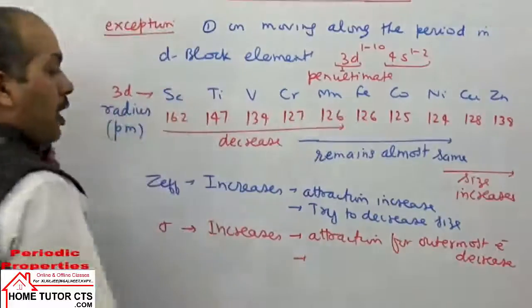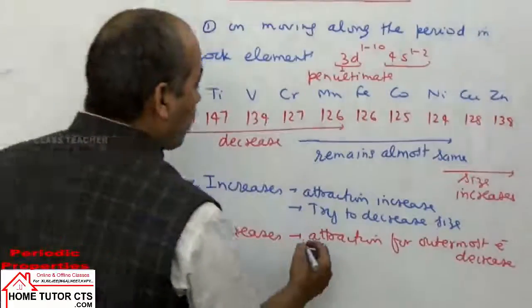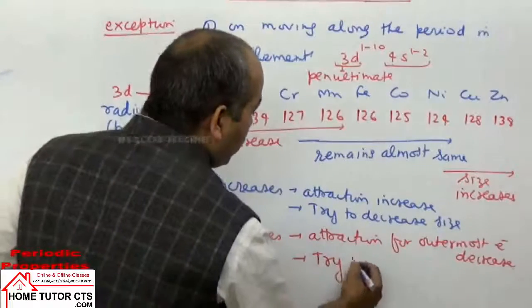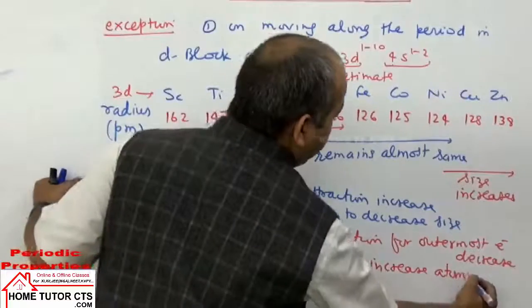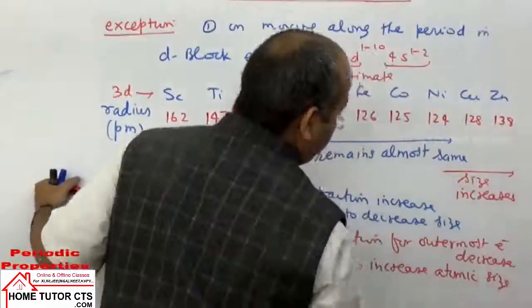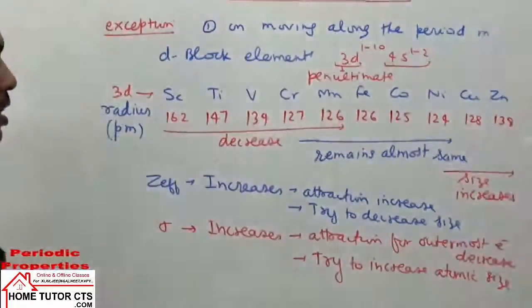If the attraction for outermost shell electron decreases, then what happens? This factor tries to increase the atomic size.